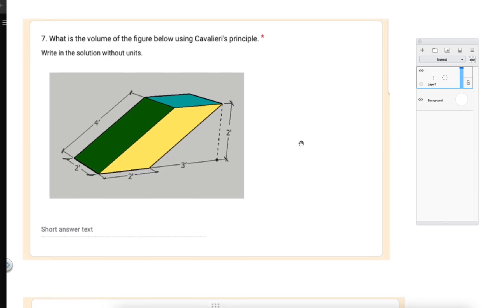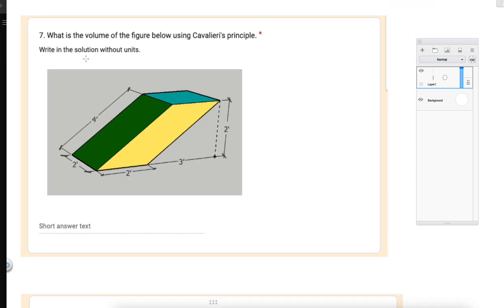Okay, 7. What is the volume of the figure using Cavalieri's principle? Well, Cavalieri is known for this principle that says if the prism or any 3D figure has the same cross-sectional area throughout the entire height, then we would just use volume equals whatever the normal volume equation is for that figure.